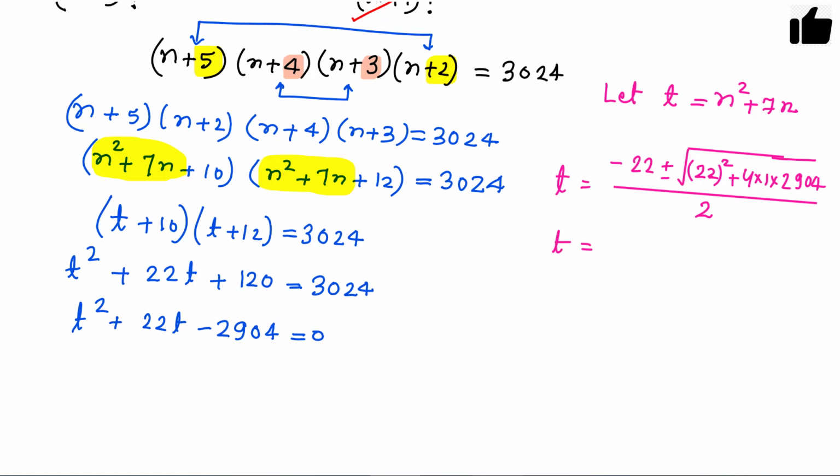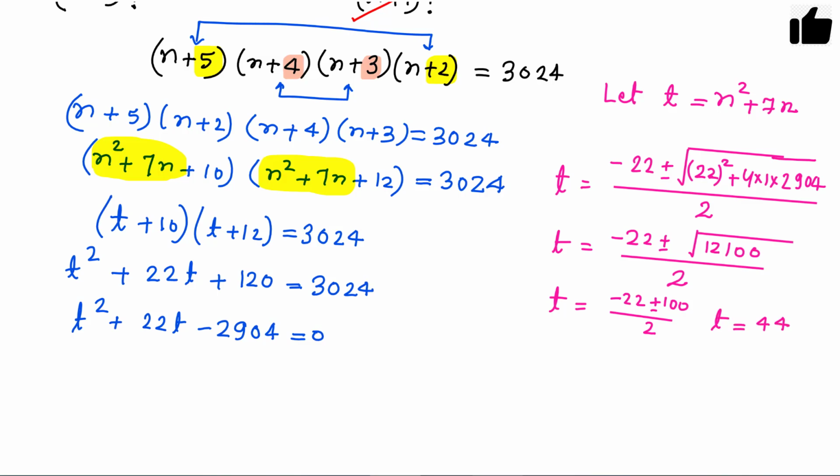So t equals -22 plus or minus the square root of 12100, divided by 2. From here we get t equals (-22 plus or minus 110) divided by 2. So t equals 44, or t equals -66.